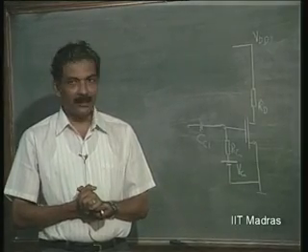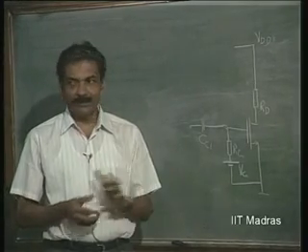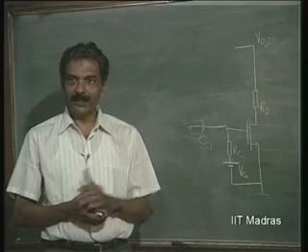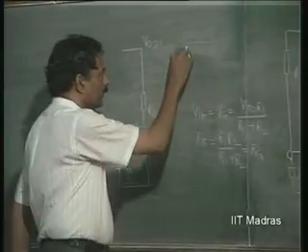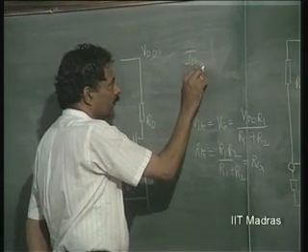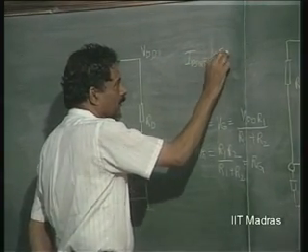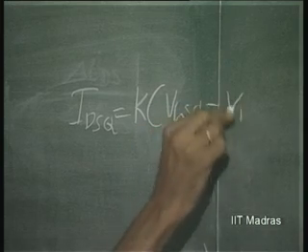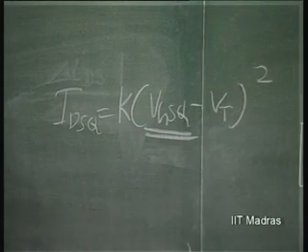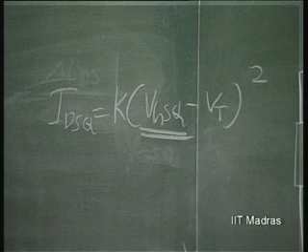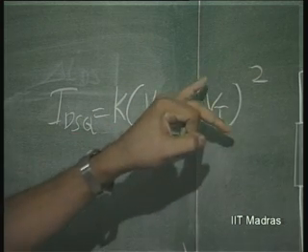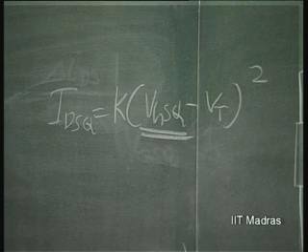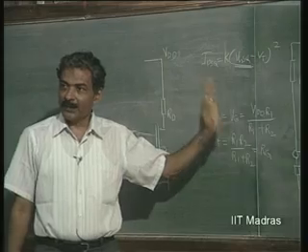I am not very happy, because if I change the field effect transistor to one having a different value of k, the IDS is going to change, because IDSQ is equal to k times (VGSQ minus VT) squared. So IDSQ still depends upon this equation. It depends upon k, it depends upon VT. So if I change the transistor, the operating point will be different for the same value of VGSQ.